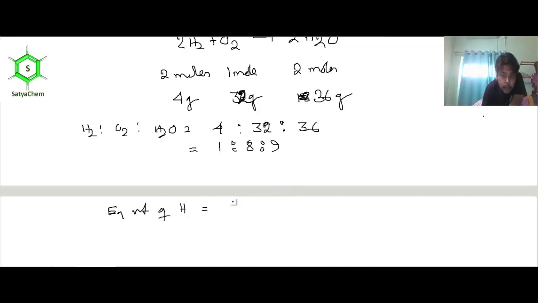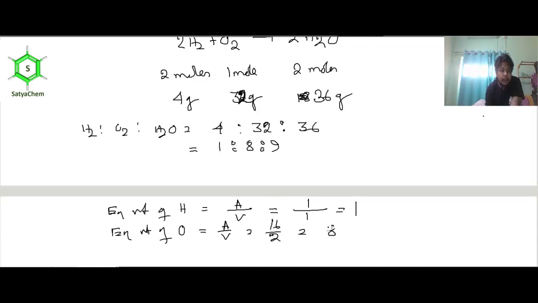We know the equivalent weight of any element is E equal to A by V. The atomic weight of hydrogen is 1, and valency is 1. So the equivalent weight of hydrogen is 1. And the equivalent weight of oxygen: the atomic weight of oxygen is 16, so A by V, and the valency is 2, so it becomes 16 by 2 equal to 8.